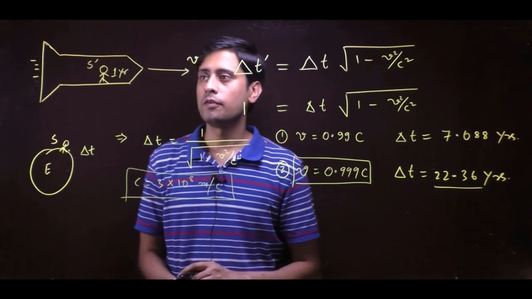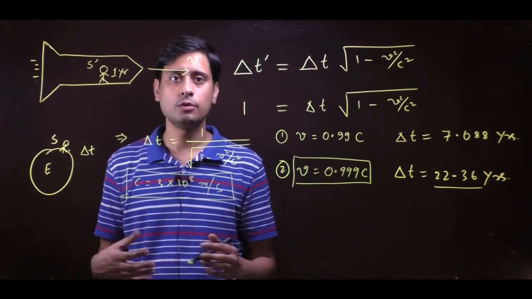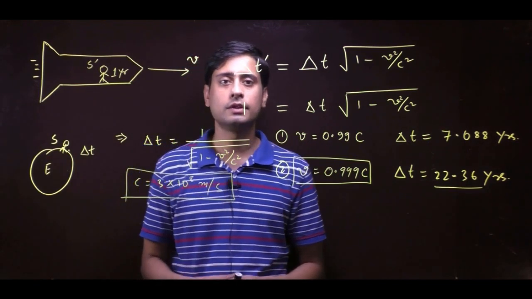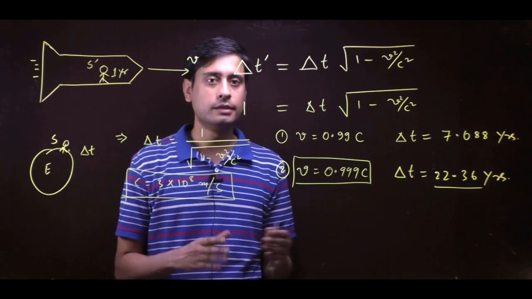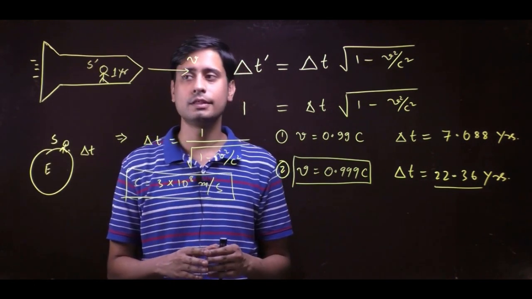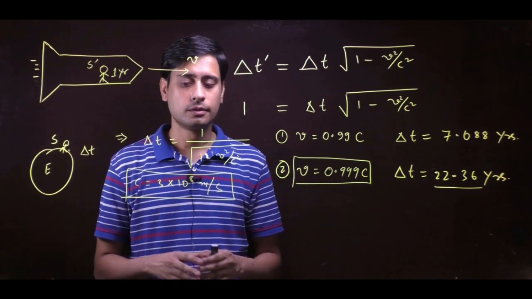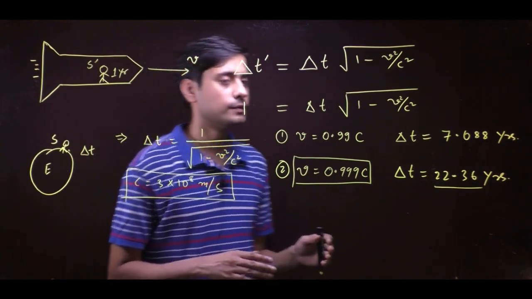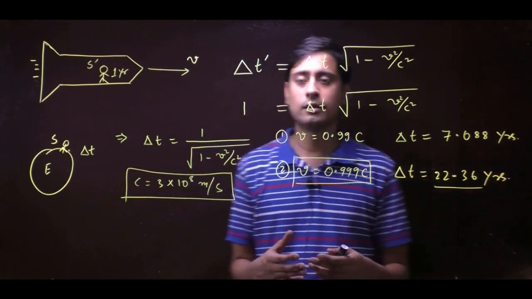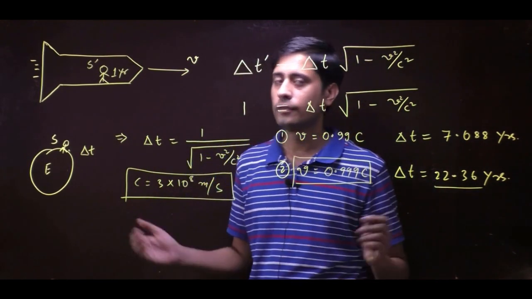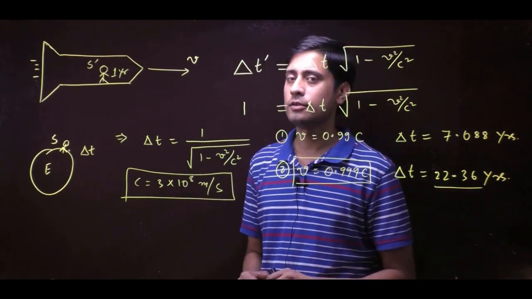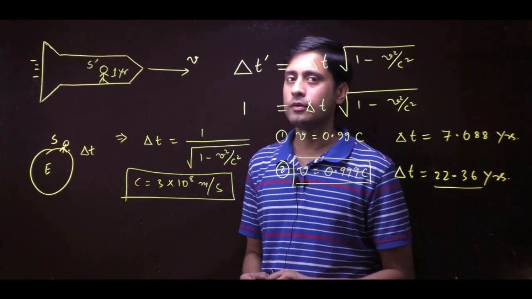Light is moving with a very high velocity compared to the ordinary speeds which we encounter in our day-to-day life. So our mindset is framed in such a way that we assume that time elapses in a similar manner, with the same interval, in all frames of reference. But that is not true according to the theory of relativity.